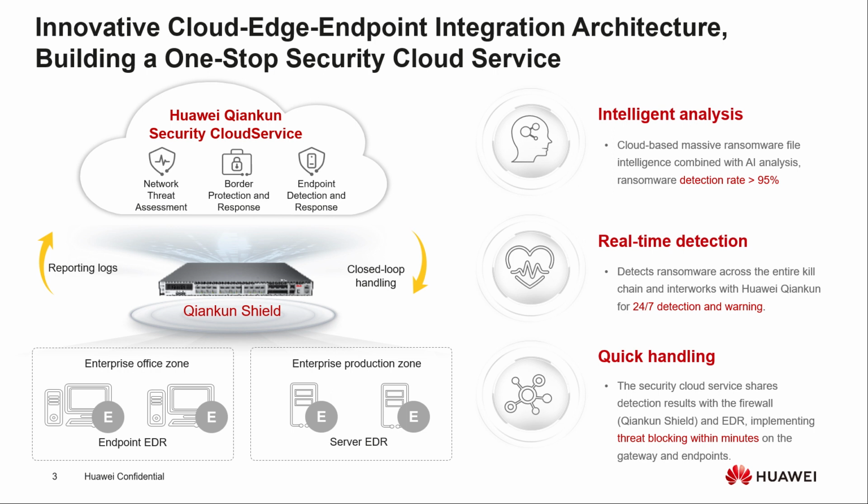To address these problems, Huawei suggests utilizing a security cloud service as a solution to alleviate the challenges of slow and complex security operations and maintenance for enterprise users. Huawei Qiankun Cloud Platform uses cloud intelligence and algorithms as the core root technologies to deliver SaaS-based security service for enterprise users.